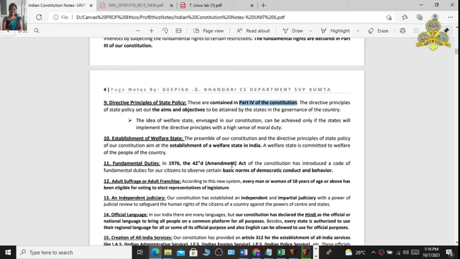These codes are based on certain norms of democratic conduct as well as behavior. We must follow our duties. Okay, as a citizen of India, we must follow certain duties, and these duties are based on certain norms of democratic conduct as well as behavior. According to that, we have to perform our responsibility, perform our duty.